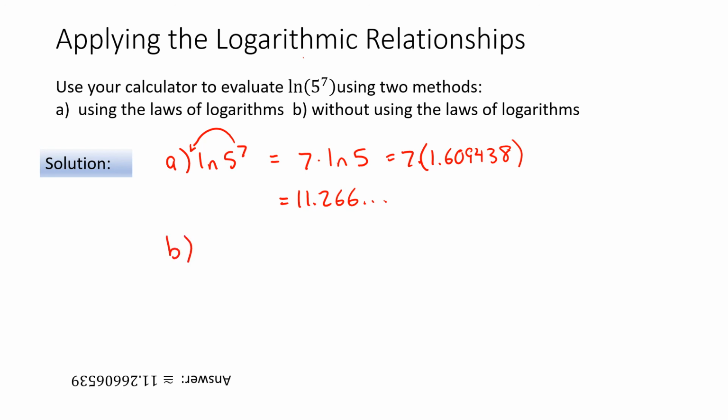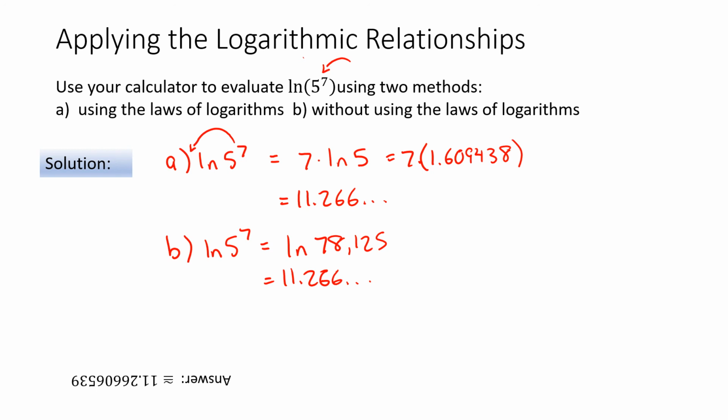Now instead, I could just take the ln of 5 to the exponent 7, and 5 to the exponent 7 is the same as the ln of 78,125. So if I use my log button on my calculator and find that, again, I get 11.266, and it continues on. Okay, so once again, you see, and again, this is using numbers, right?